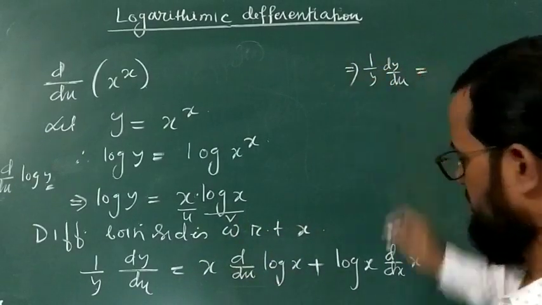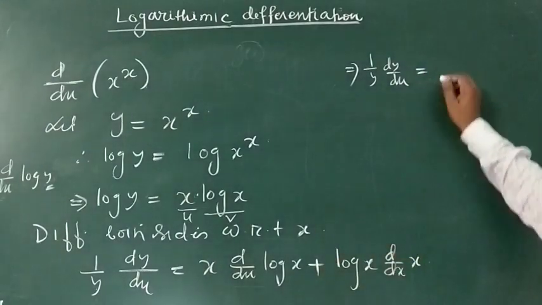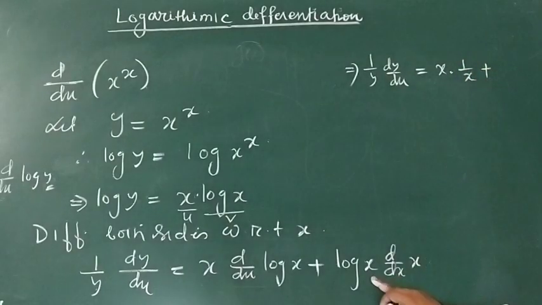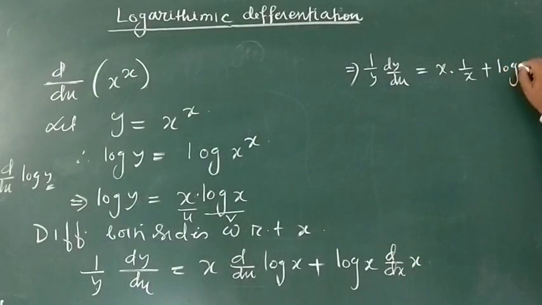From here you get 1 by y dy by dx is equal to x into d/dx of log x, which is 1 by x, so x into 1 by x plus log x, and d/dx of x is equal to 1, so log x into 1 is log x.